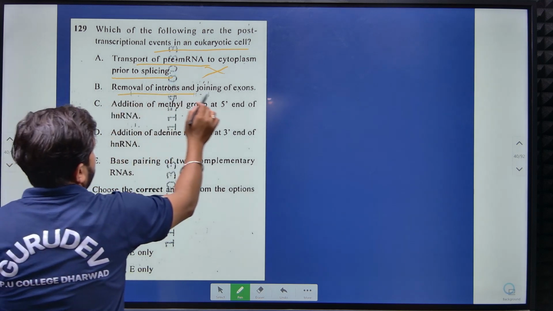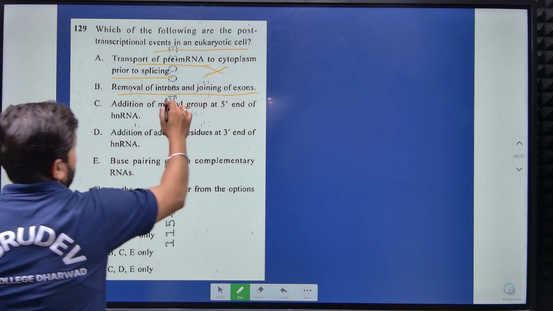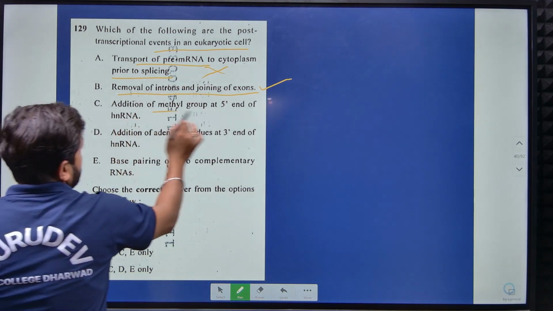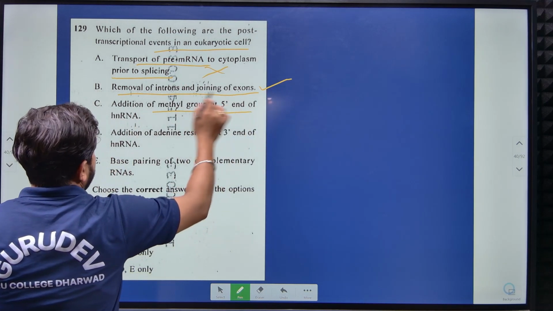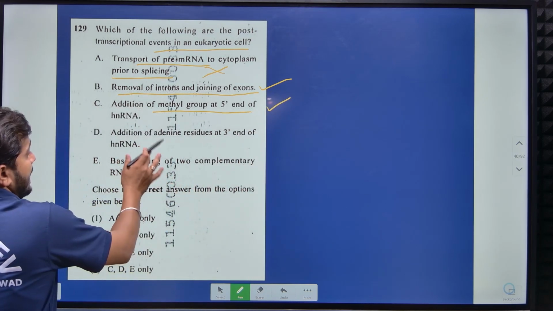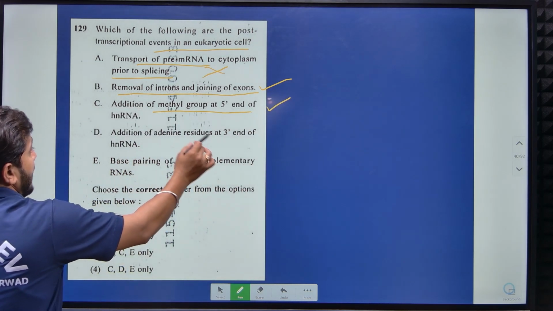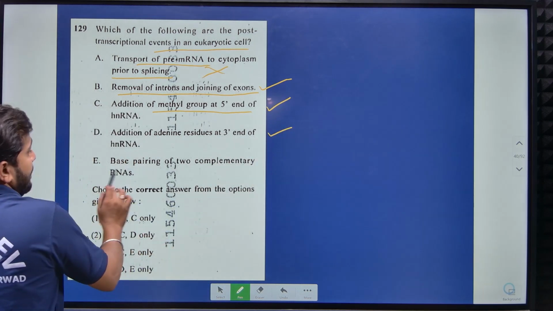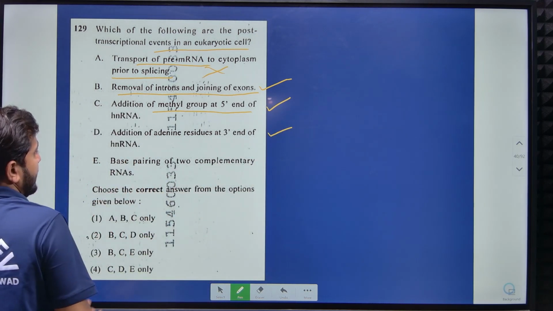Then removal of introns and joining of exons, yes, that can be seen. Addition of a methyl group at the 5' end of the hnRNA, yes, that can be seen. Addition of adenine residues at the 3' end of the hnRNA, yes, that can be seen. Then base pairing of two complementary RNAs, right?